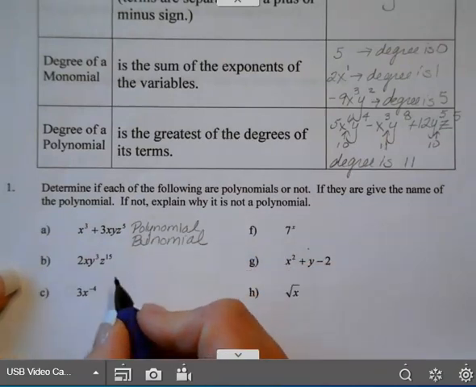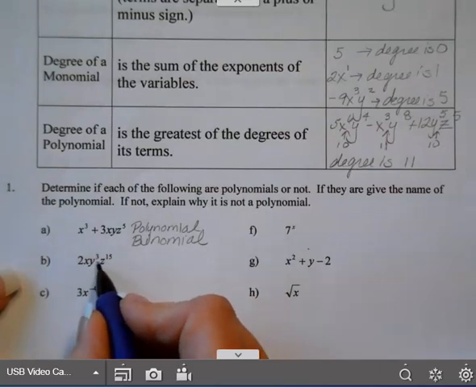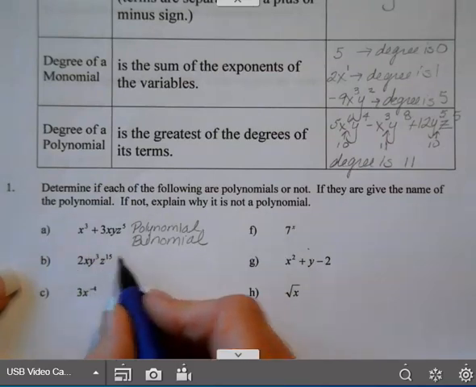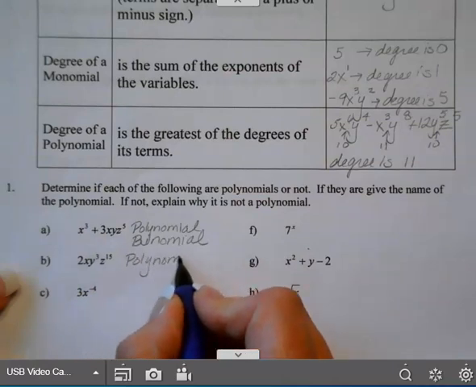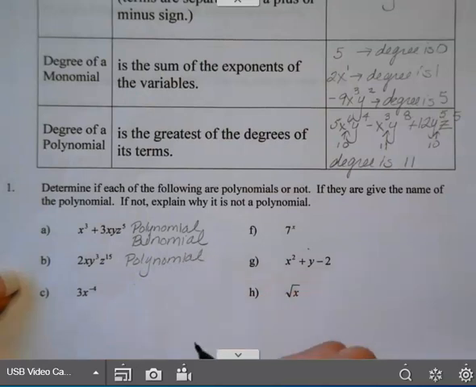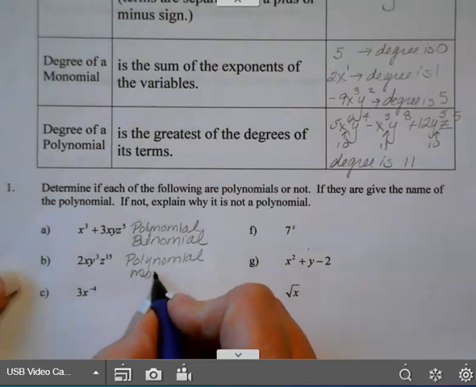On the next one, everything is multiplied together. And all my variables have whole number exponents. So this is a polynomial. And the name for this polynomial, there's one term because I don't have any pluses or minuses. So this is a monomial.